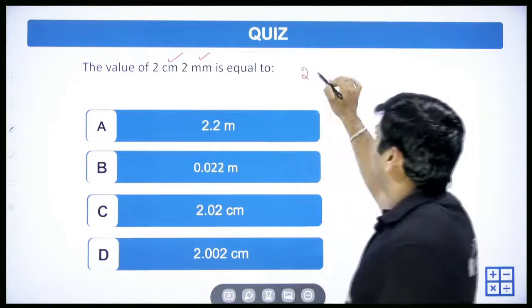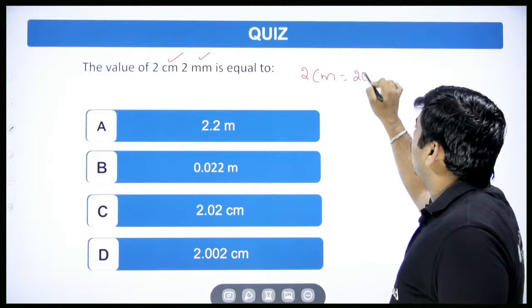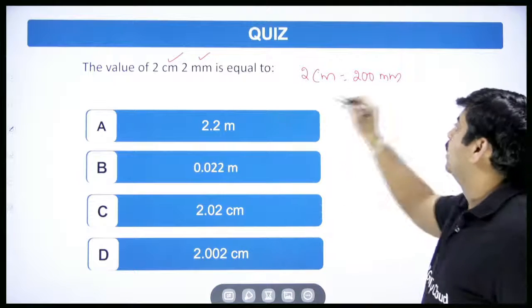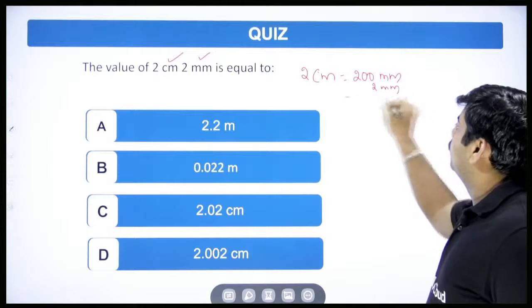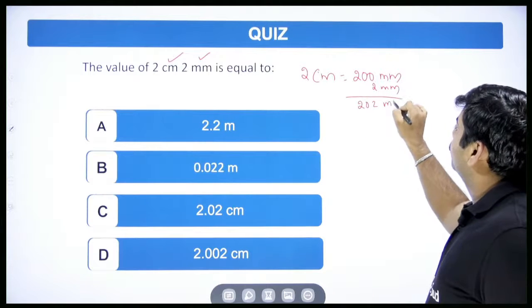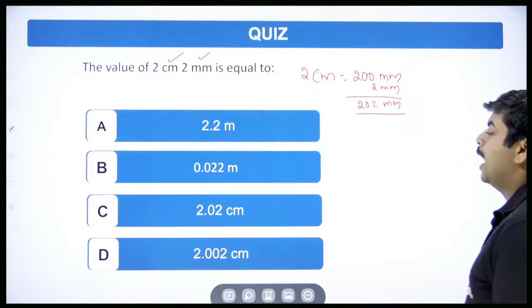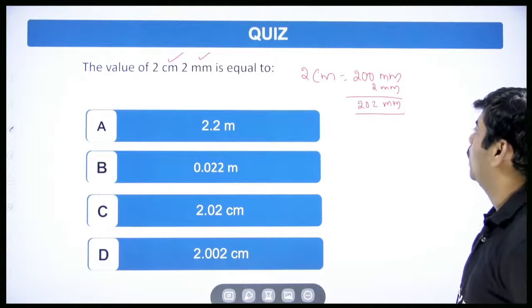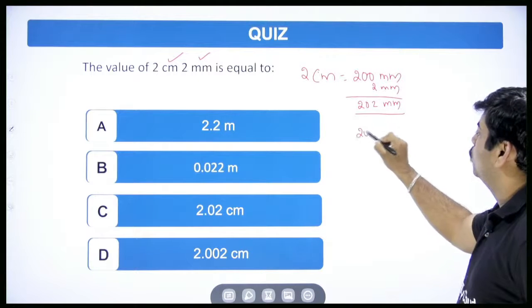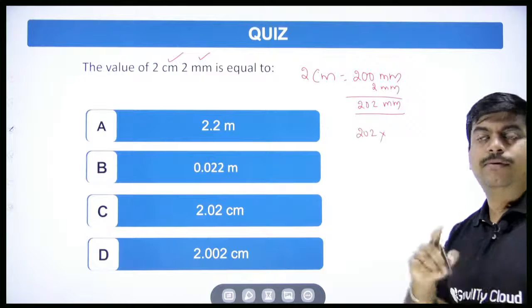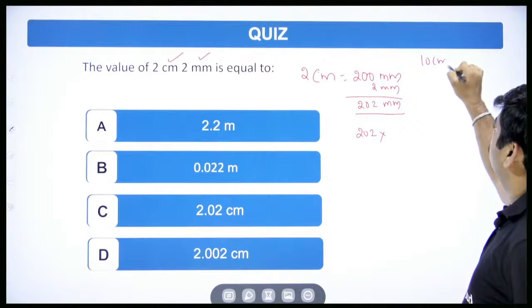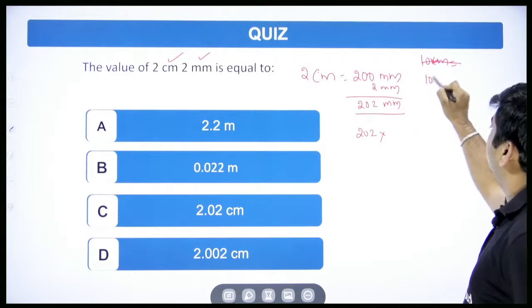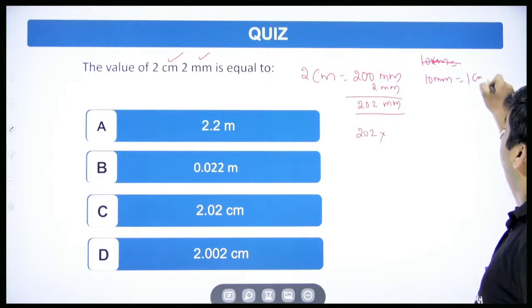2 centimeters is equal to 200 millimeters, and we have one more 2 millimeters. So that will give you 202 mm. Still, we don't have 202, so what will we do? Convert mm to centimeter. 10 mm is equal to 1 centimeter, right?